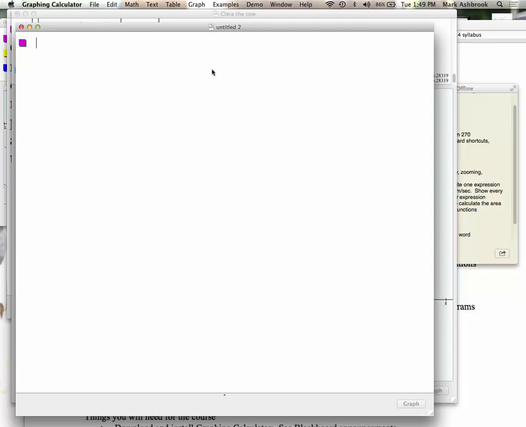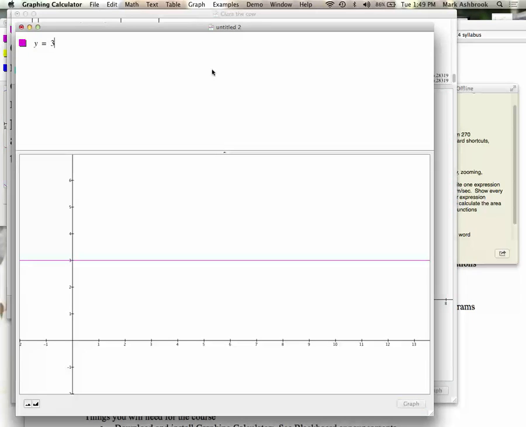Let's just do the easiest graph we could do here. Say y equals 3. So y equals 3 is telling Graphing Calculator to graph the line y equals 3. And then that should come up. You can adjust the color. This little purple box, if you double click on that purple box, there are some colors to choose from.